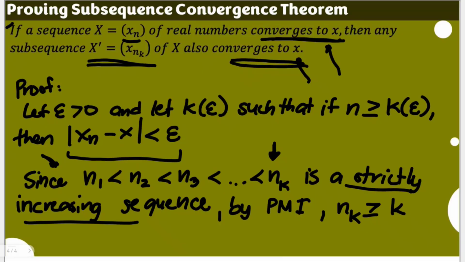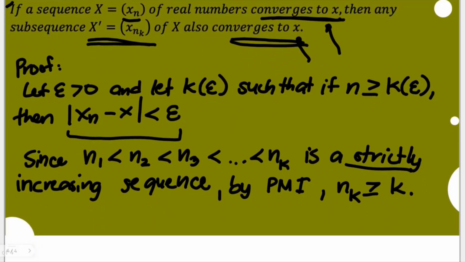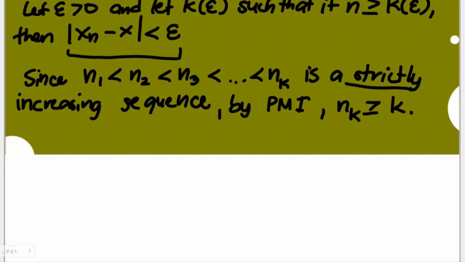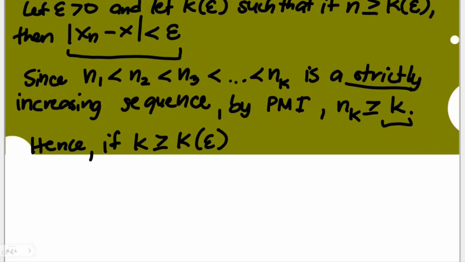You can actually show that using mathematical induction, but let's not do it here, as we would like to establish this idea alone. Now that we are here, because of the idea of a strictly increasing sequence, we can say, hence, if k is also greater than or equal to K of epsilon, we also have n sub k, which is already identified here as greater than or equal to k.